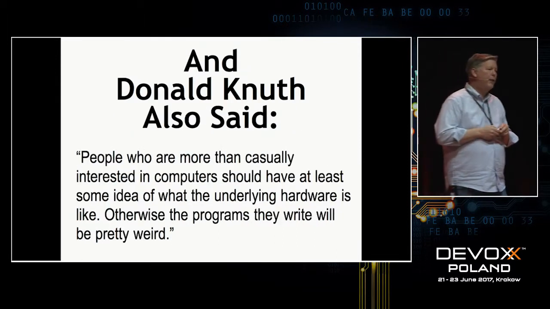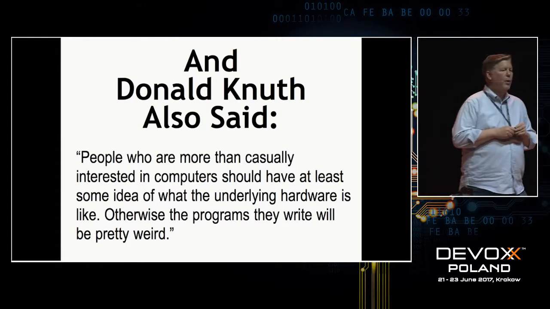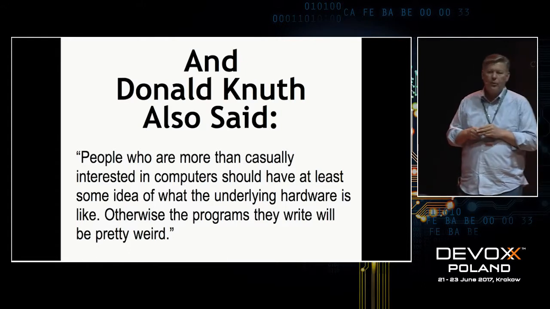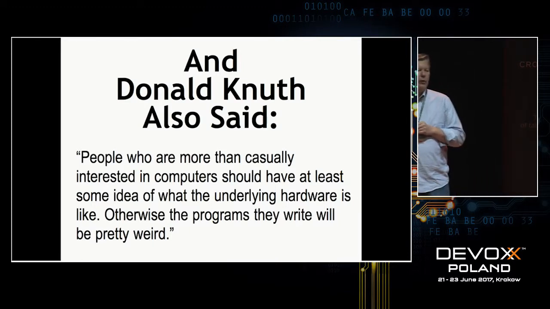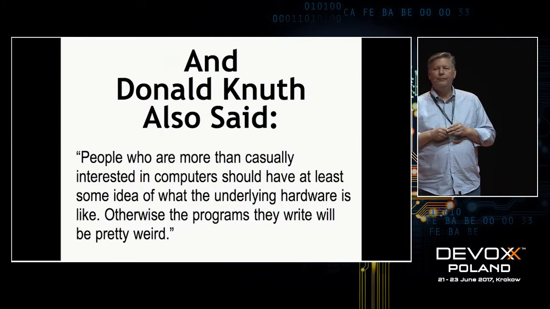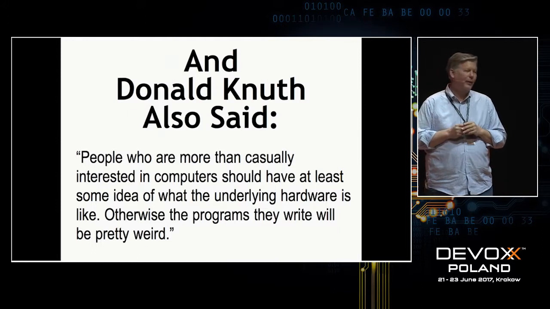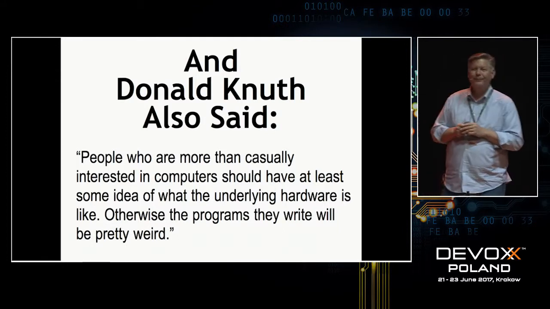But you know something else that Donald Knuth said? He said, people who are more than casually interested in computers should have at least some idea of what the underlying hardware is like. Otherwise, the programs they write will be pretty weird.